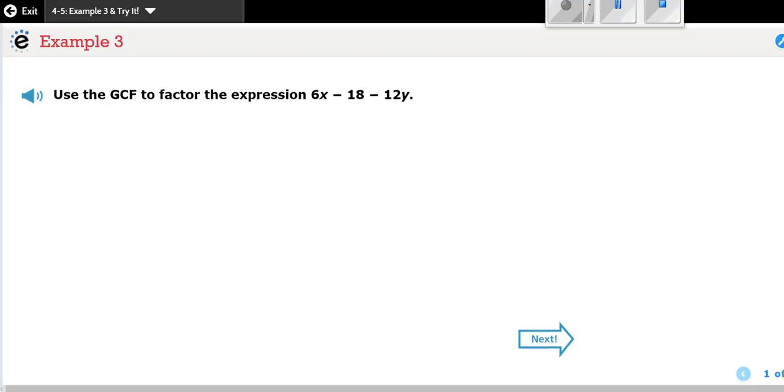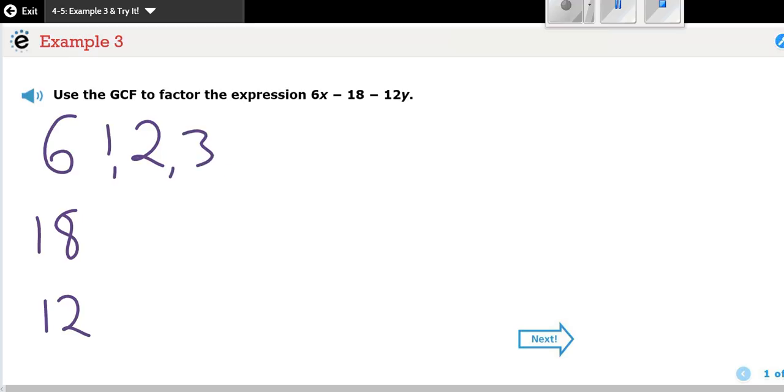So in this example here, it says we have a 6x, an 18, and a negative 12y. So as you look at that, we can take the numbers 6, 18, and 12, and we can start looking for the greatest common factor between them to help us understand what we're going to factor out of the entire expression. So I know that 6 is made up of 1, 2, 3, and 6, right? 1 times 6, 2 times 3.